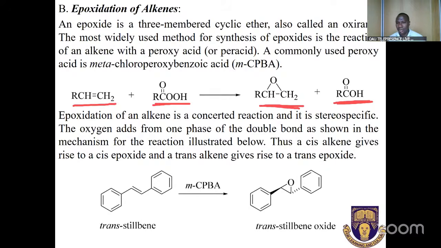One of the common peracids that we use in the lab is metachloroperoxybenzoic acid, MCPBA for short.